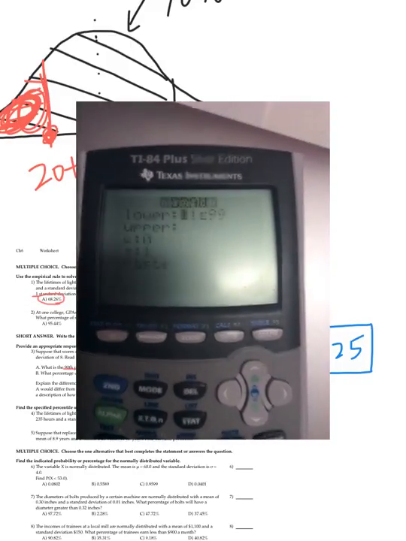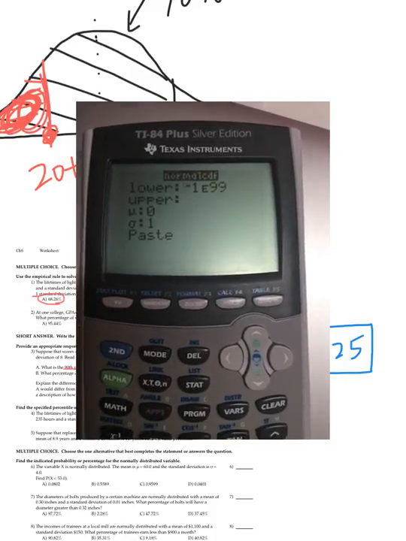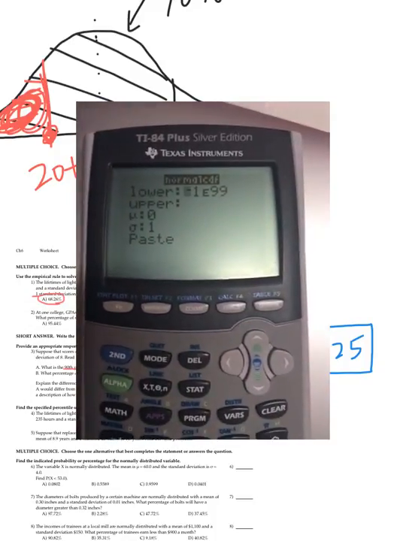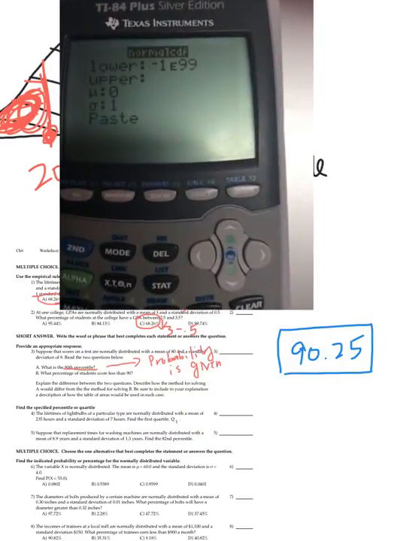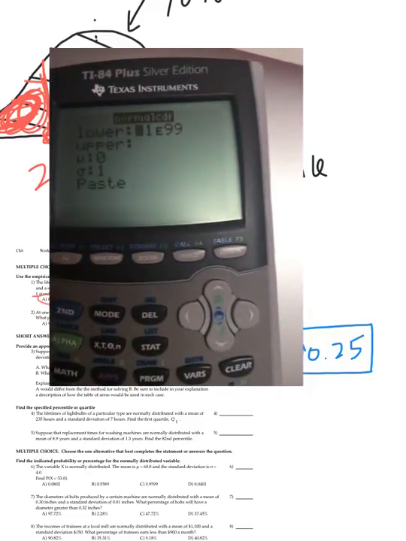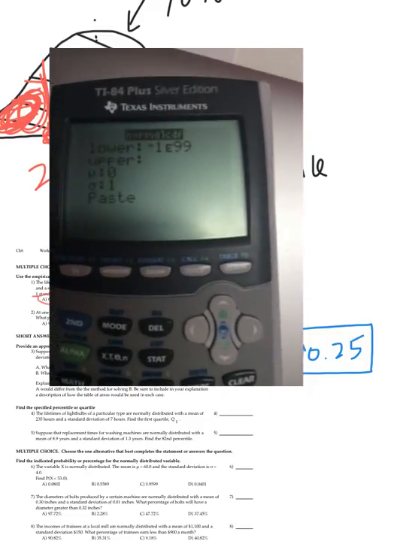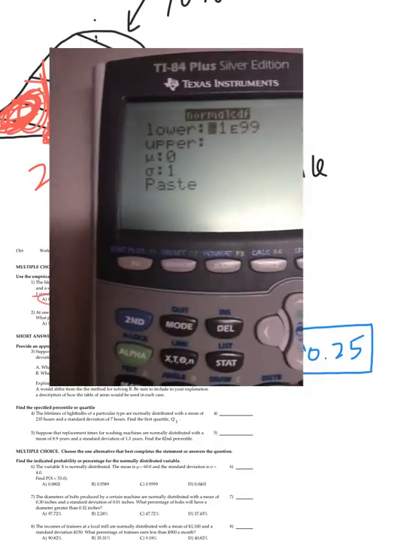We highlight normal CDF, and it requires us to input 4 numbers: lower, upper, mean, standard deviation. For the lower, we are looking for less than 90, so we don't have a lower limit. We will use negative 10 to the 99 as our limit.